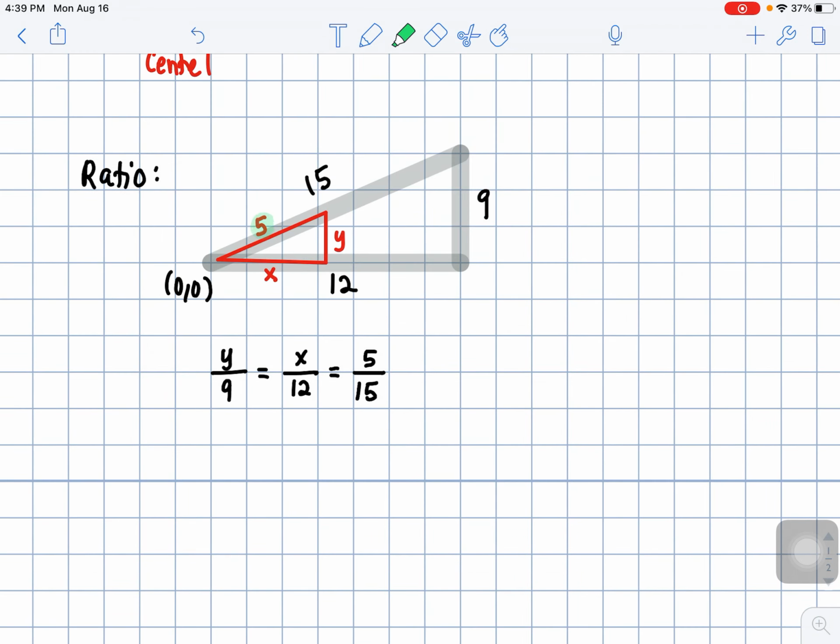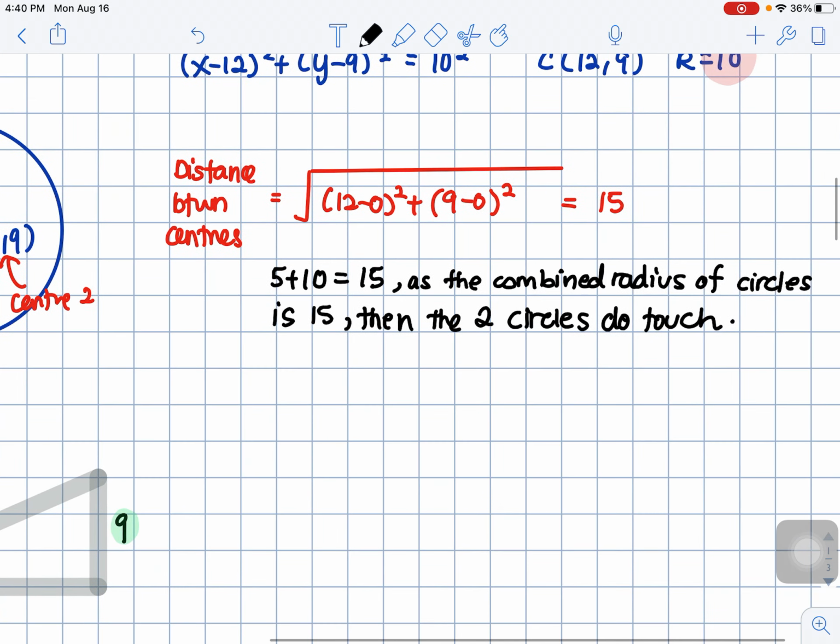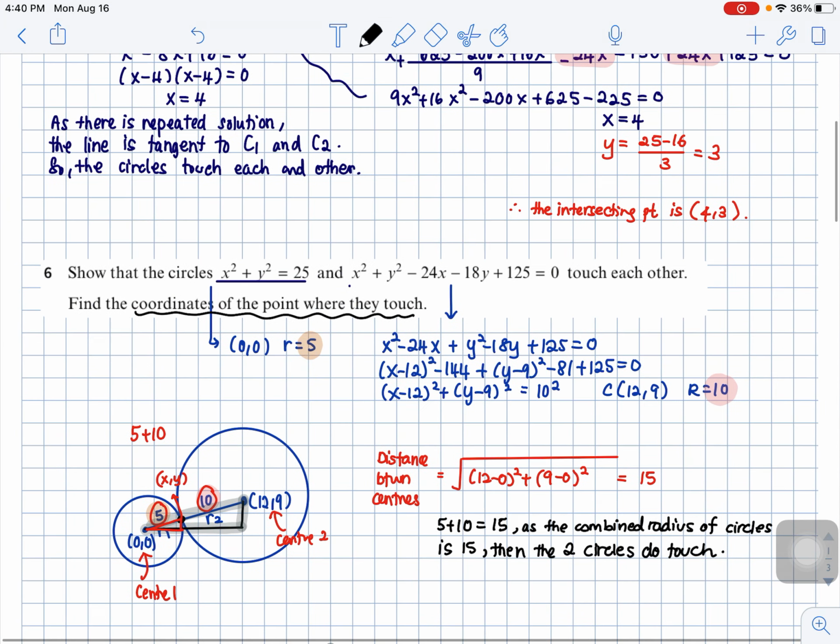See, this is the 5, this is the 15. Small to big, I'm doing the same thing. Compare by ratio. So easily you will be able to write y over 9 equals 1 over 3. Therefore, y is equal to 3. x over 12 equals 1 over 3, so x is equal to 4. So the point where the circles intersect is the same as the previous one, which is (4, 3).